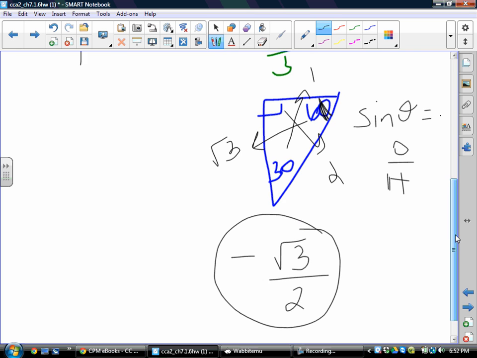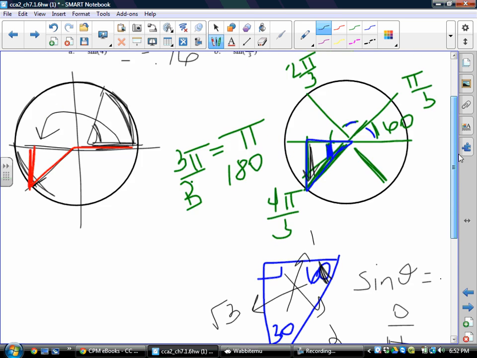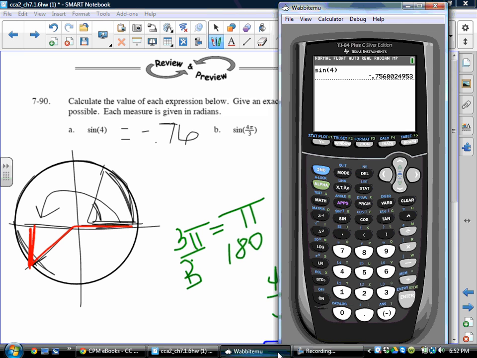Make sure your calculator is in radians. We could calculate this as well, just to make sure. What if I just do negative radical 3 divided by 2, and, oops, try it again: negative radical 3 in parentheses, and then divide by 2.